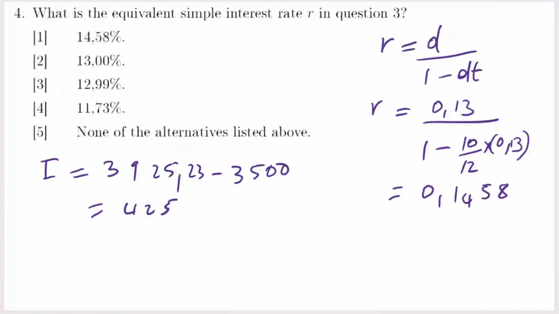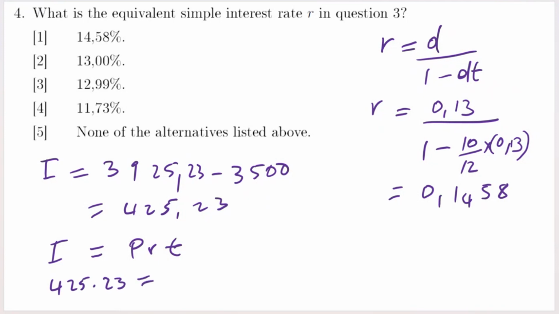The answer of 425.23. Then once I've got my interest, I know my simple interest formula. My simple interest formula is equal to PRT, because now I am moving between the discount and the simple interest. So after I've calculated my interest, I know my interest is 425.23.